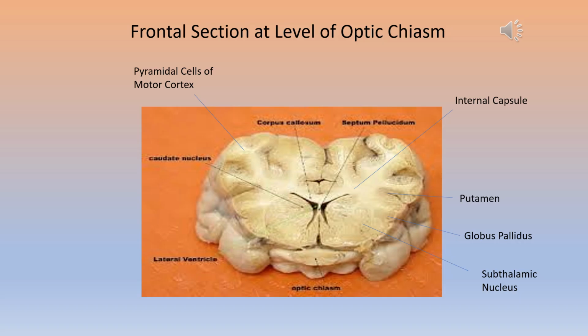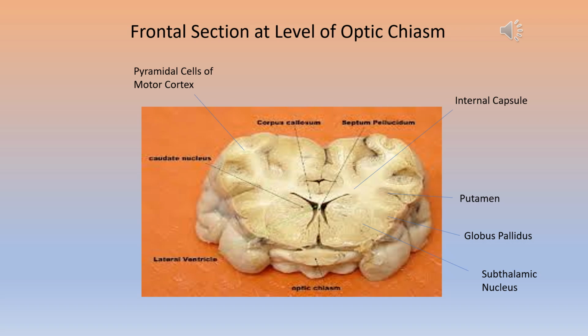So if we don't have the input of the basal nuclei, then our movements are uncoordinated and meaningless. They become just basically jerking motions of the limbs. So we have the input of the basal nuclei, the caudate nucleus, the putamen, the globus pallidus, the subthalamic nucleus. They feed into the internal capsule.